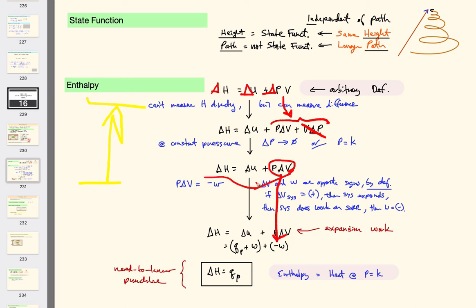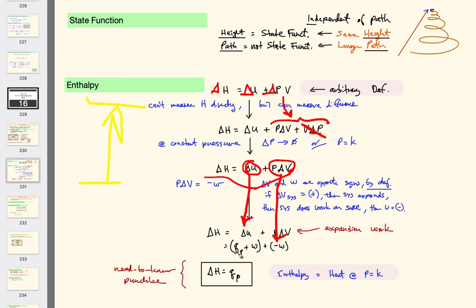And what is U equal to? Well, I'm just going to bring my U term straight down from this equation. So now I have a new equation. Delta H is equal to delta U. But what is U equal to? U is equal to QP plus W. Expansion work only. So what's my internal energy?